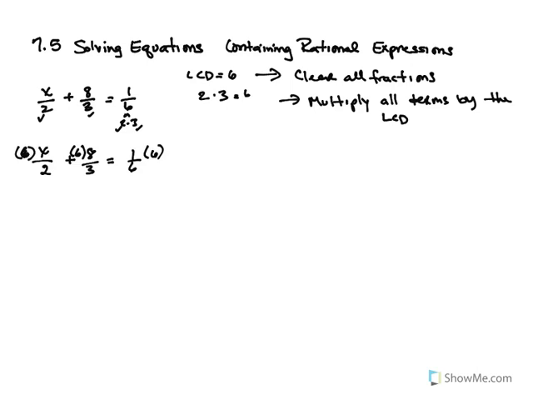The point of clearing the fractions is to get rid of the denominators. That's what we mean when we say clear the fractions. Multiplying all of the terms by the LCD is what's going to allow us to get rid of those denominators. And so what's going to happen is that denominator is going to cancel with that LCD.